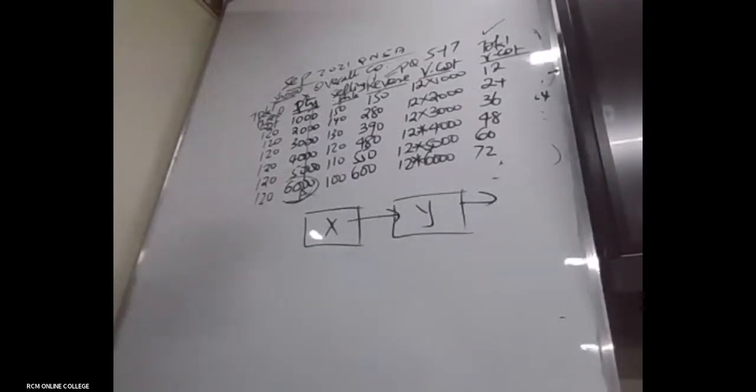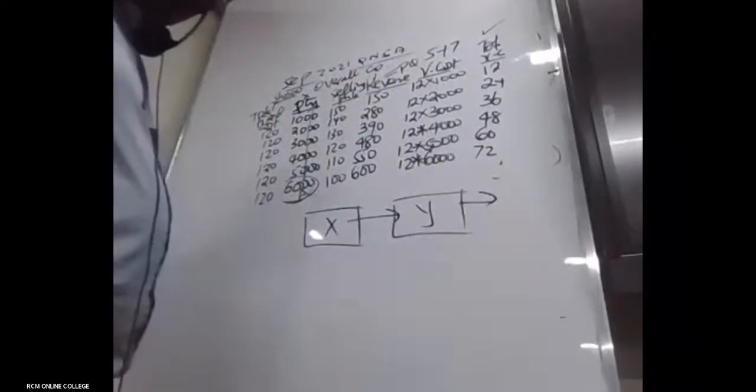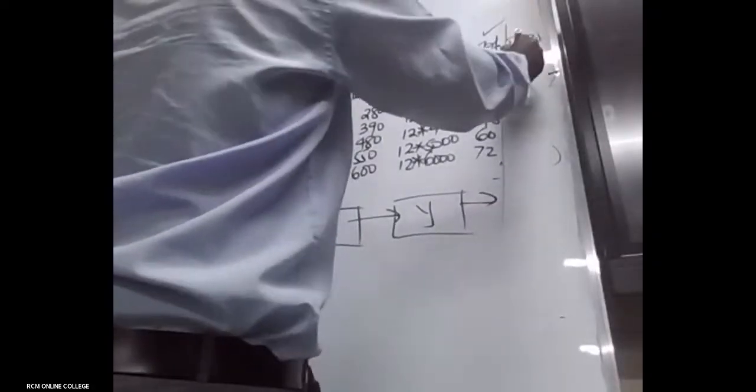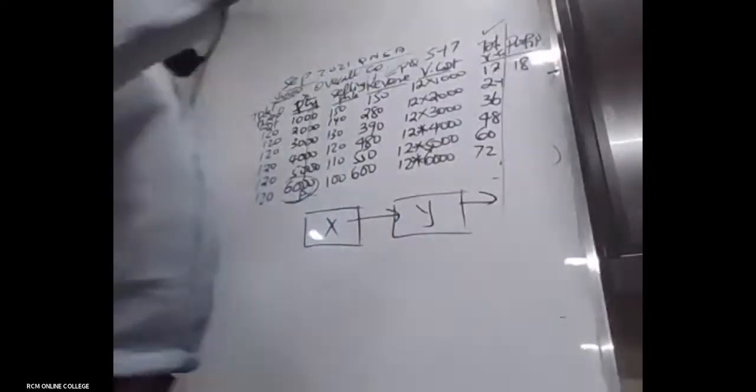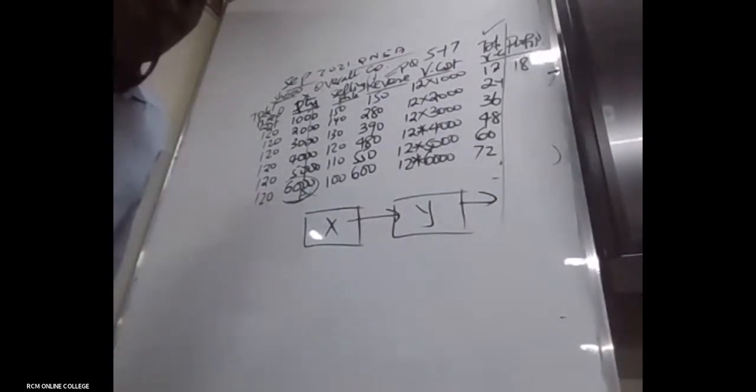So according to Bill and Marion, they are getting profit here of 18. Please ensure that you're able to get these figures. 120 is from where?